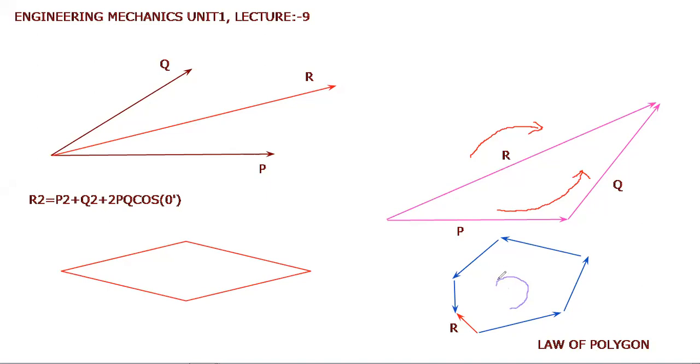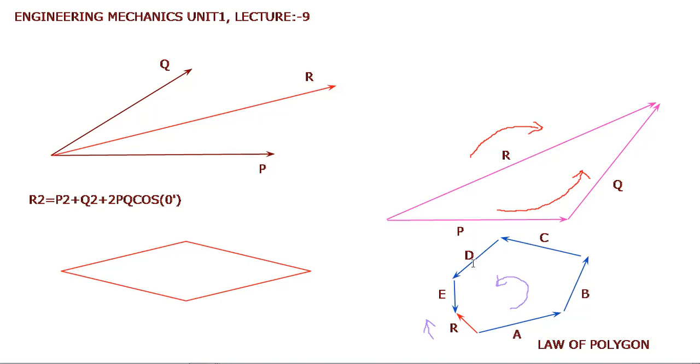Only this R force is in clockwise direction, and that R force is the resultant of all the forces. Suppose this force is force A, this is B, this is C, this is D, and this is E. So R is the resultant of A, B, C, D and E combined together.